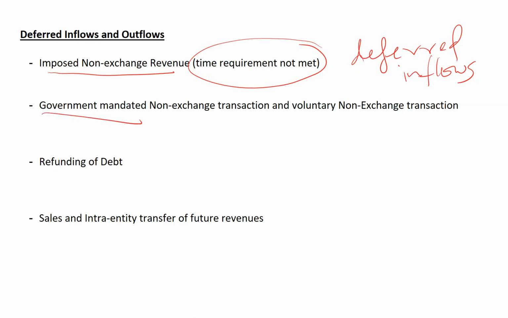Another is government-mandated non-exchange transactions and voluntary transactions. So these government-mandated grants you can receive from the federal government or from another government, but every time you cannot show that part as your revenues. Same thing with voluntary non-exchange transactions, which means grants you are receiving from other parties, not from any other government.